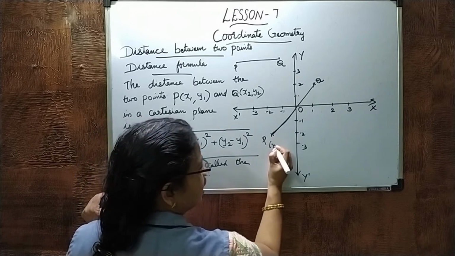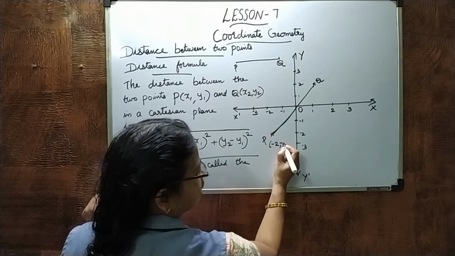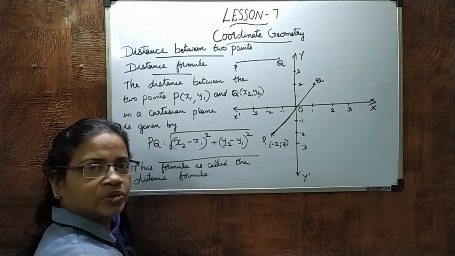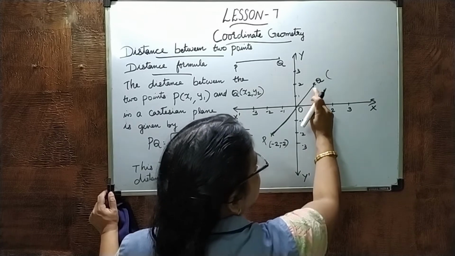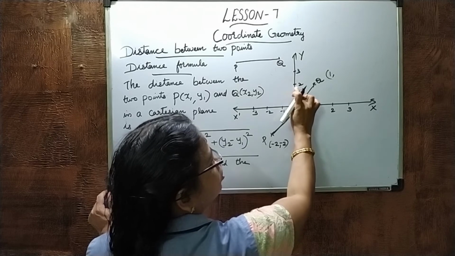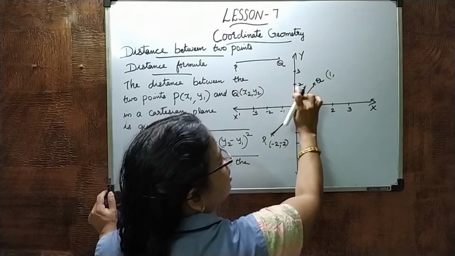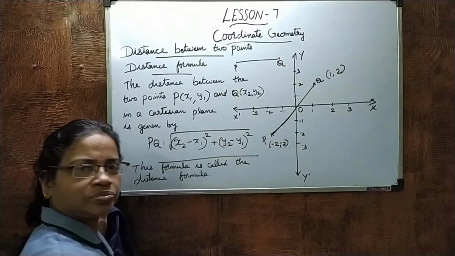It is -2. Then to the y-axis it is -2. Then what about Q? Q, x-axis first. So the x coordinate is 1. And then look to the y-axis. It is straight to 2. So it is (1, 2).